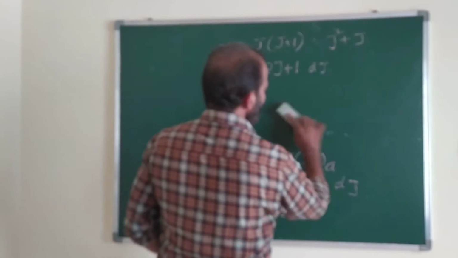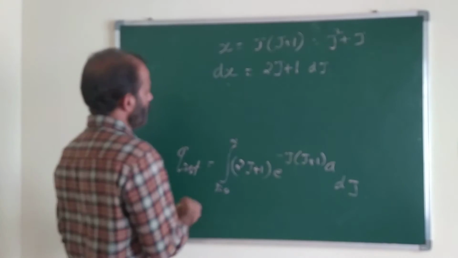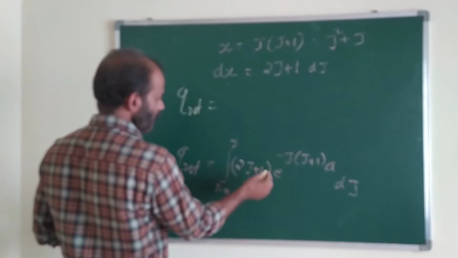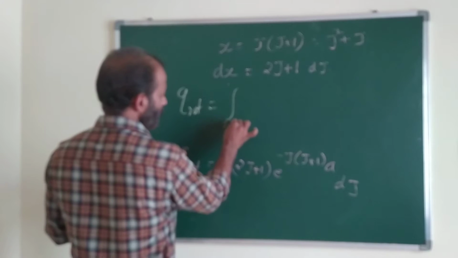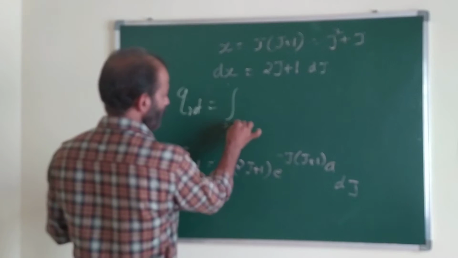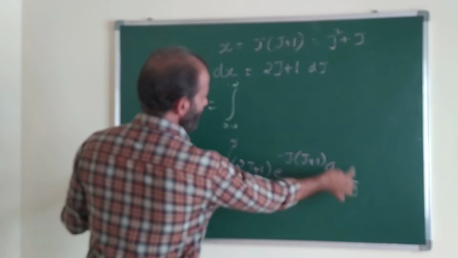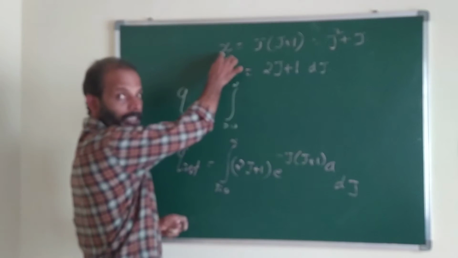We get the equation as q rotational equal to the integral from x equal to 0 to infinity of e raised to minus A x dx, since J into J plus 1 is equal to x.